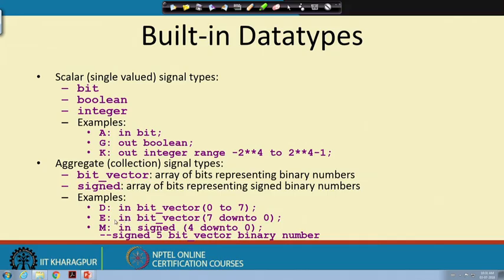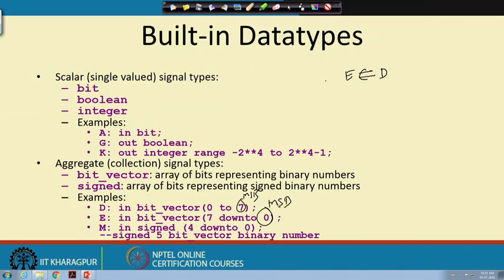If you are assigning, one is 0 to 7 and another is 7 down to 0. So, if you are writing, say, E should get the value D, assuming that E is an output port, then D0 will go to E7, because here this is the MSB, but in case of E 7 down to 0, this is going to be the MSB.